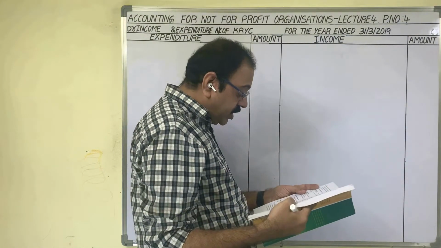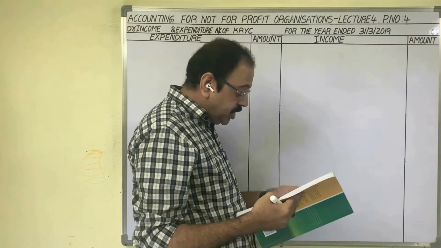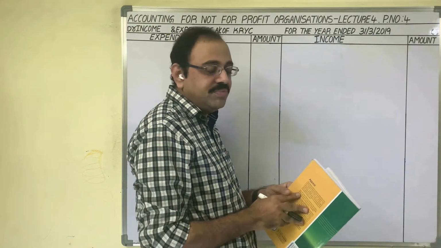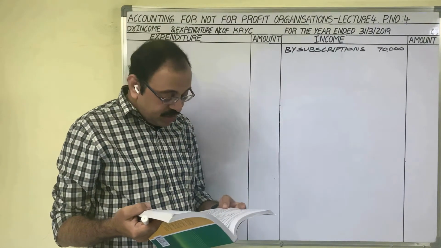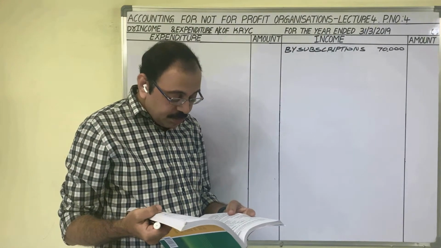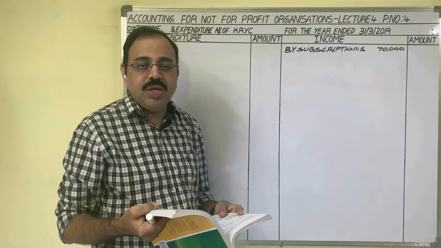And related to the subscription, some additional information is given. Therefore, the subscription amount you have to show in the inner column. By subscriptions, additional information. See the first point. Outstanding subscription for 31st March 19, 1500 rupees.